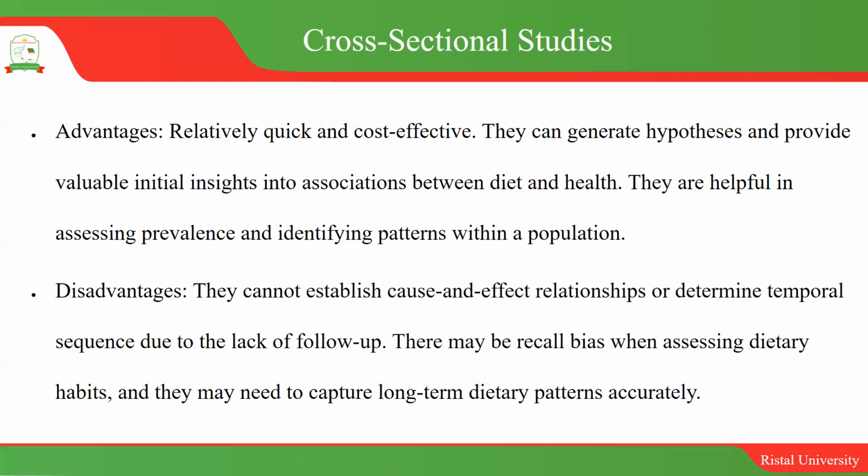This will provide you with some information about the prevalence, or the pattern of occurrence, of a particular disease. So that's the benefit of cross-sectional studies. The issue is they do not tell us the cause, or what we call the cause and effect relationship.